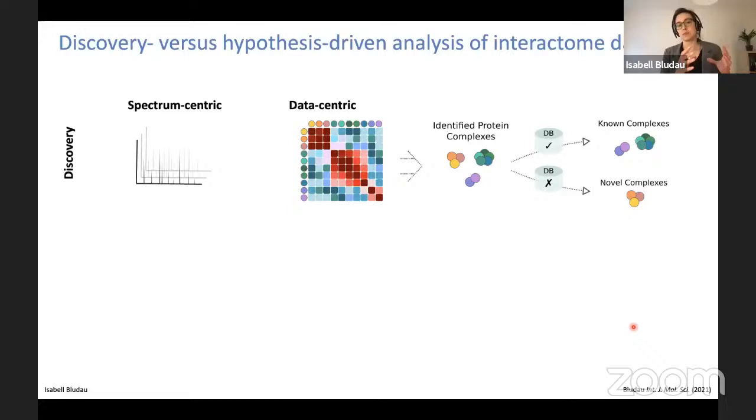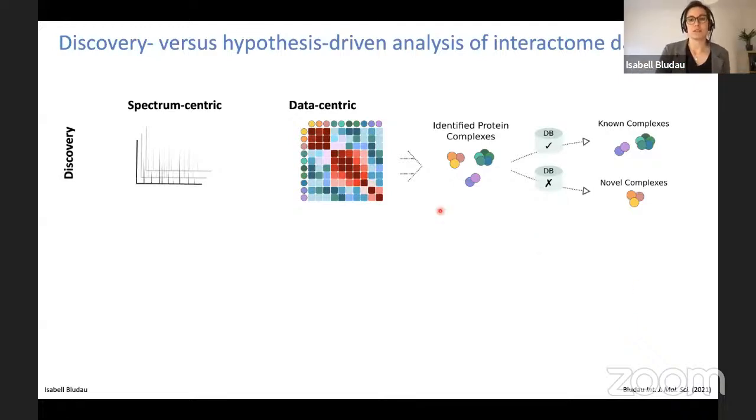Here the idea is that we take the spectra, we perform a database search to identify what signal the data corresponds to. A similar approach can also be used for the analysis of large-scale interactome data. And here we start from the data.